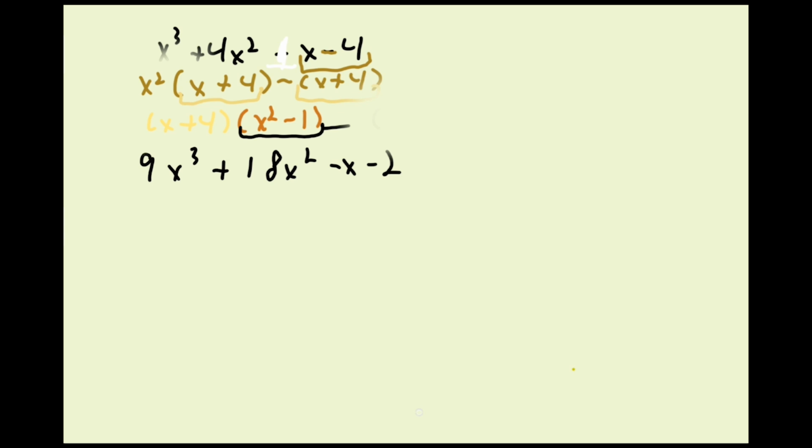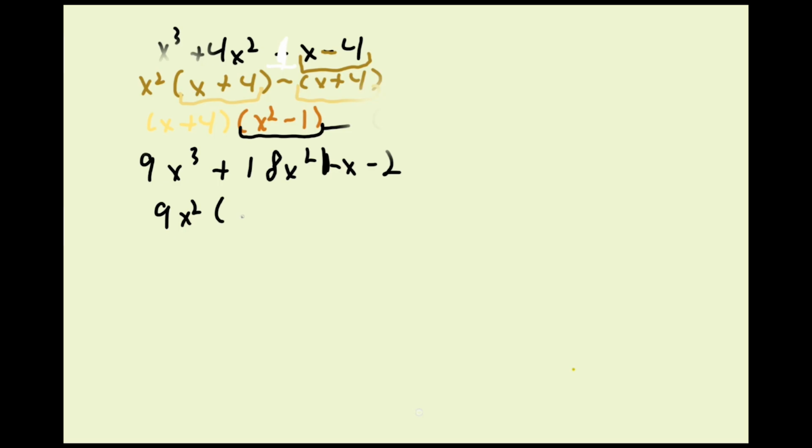Right? We're gonna separate it. There you go. And then we'll do common greatest factor. 9 goes into 18. So, and they both have x's, so I think we should take out 9x squared. Right? So we'll take out 9x squared right here. 9x squared.